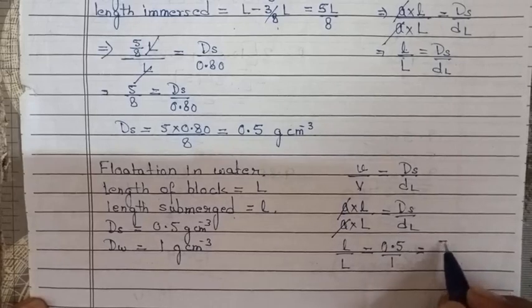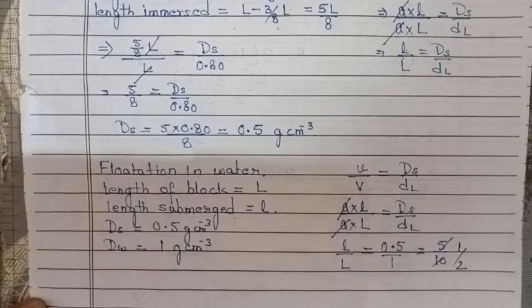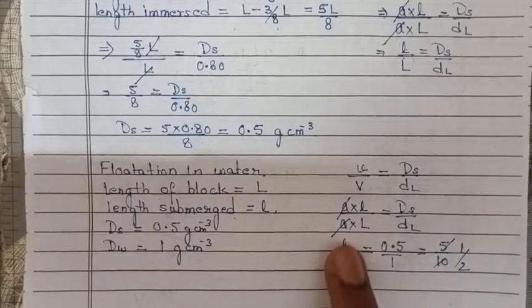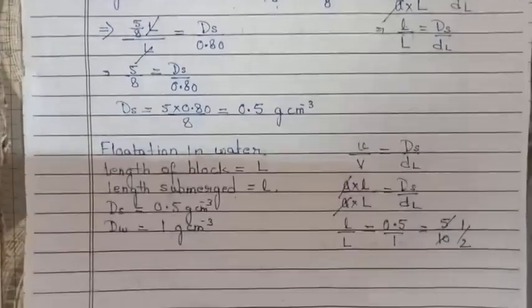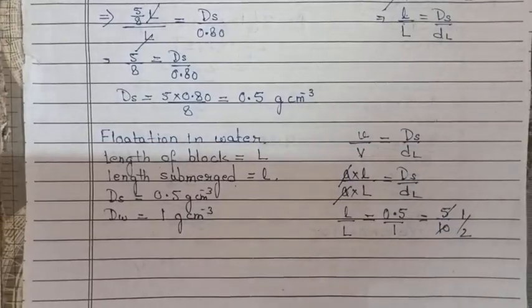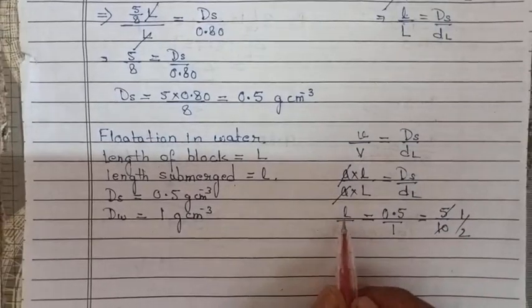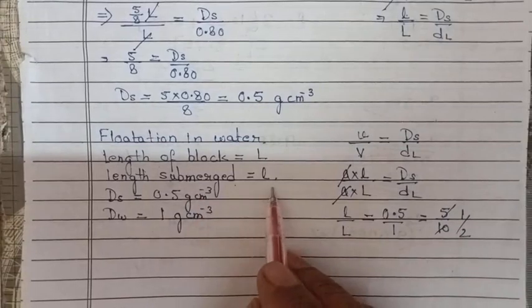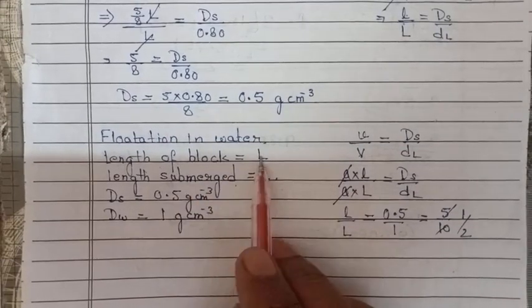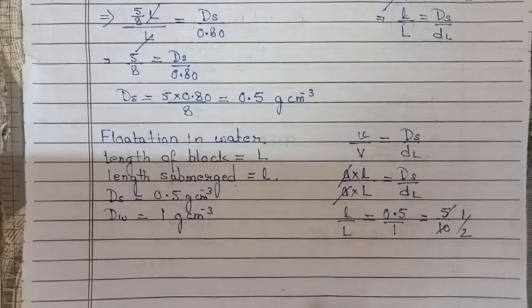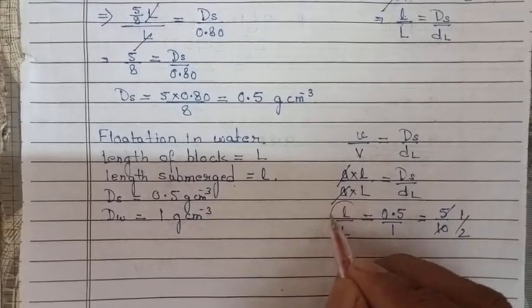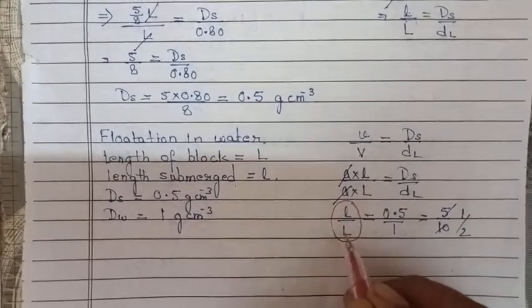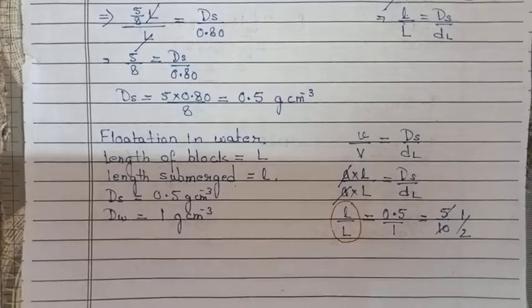So on solving it, you are getting 5 upon 10, that is 1 by 2. Now what does this small l upon capital L represent? Small l is the length submerged, unknown to us, and the length of the block is also unknown to us. So together we can call it the fraction of length submerged.